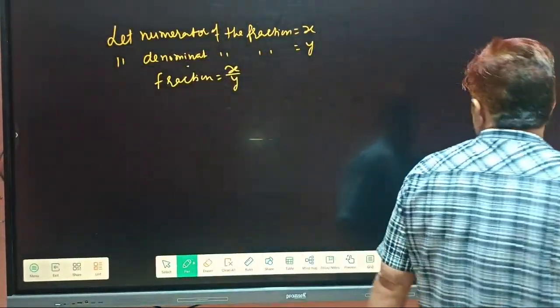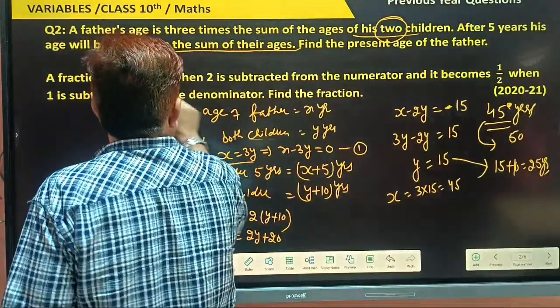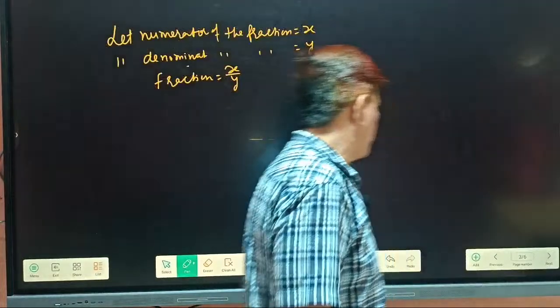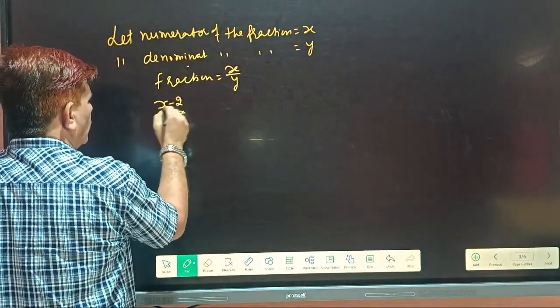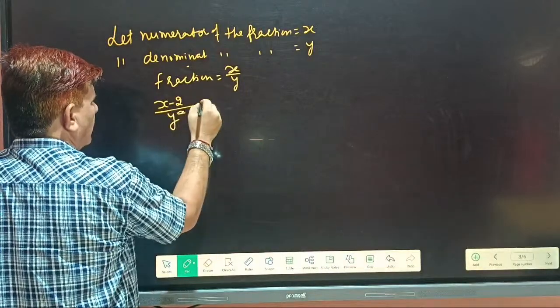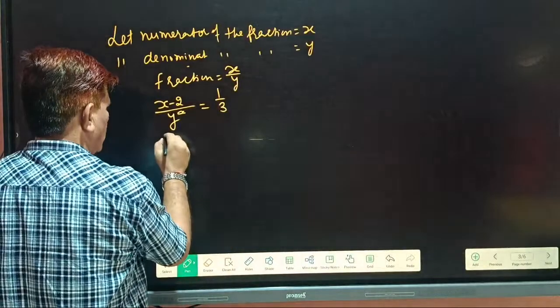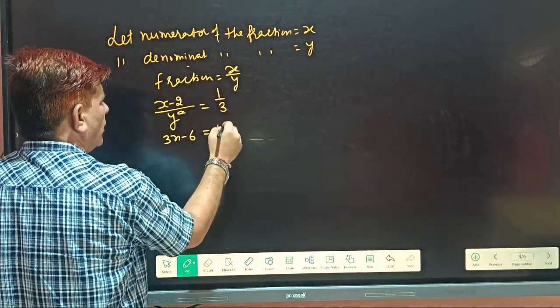Come here, it says it becomes 1 by 3 when 2 is subtracted from the numerator. So the numerator is x minus 2 by y is equal to 1 by 3. If you solve it, 3x minus 6 is equal to y.